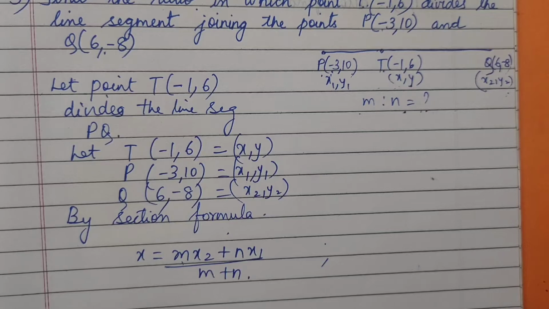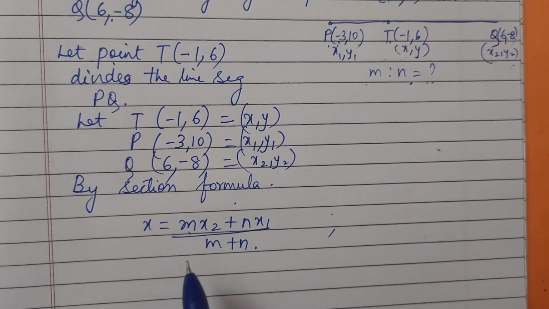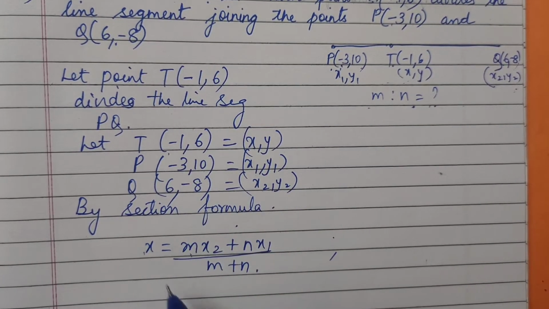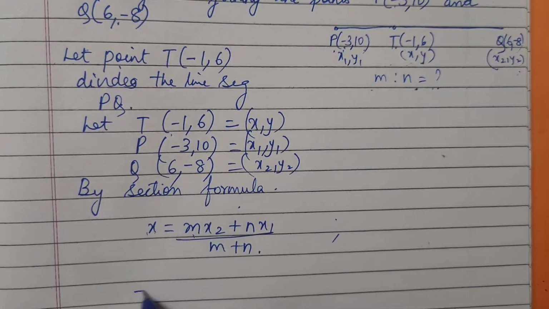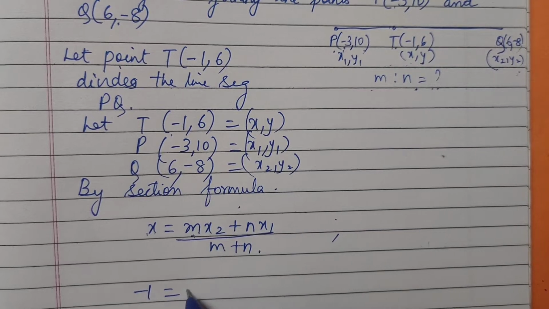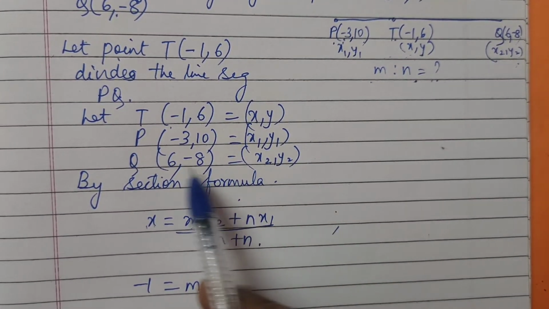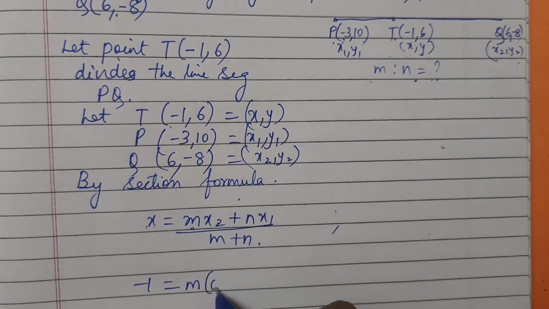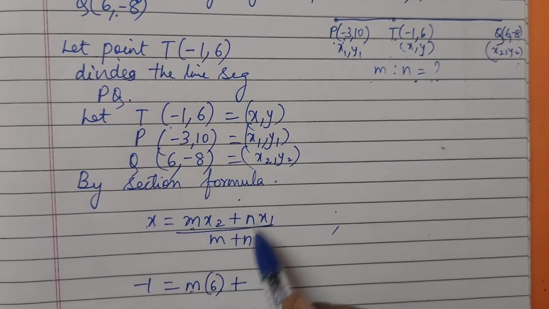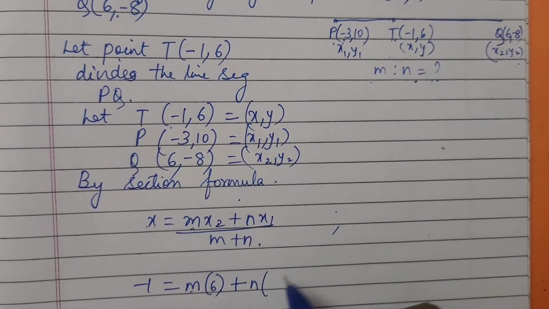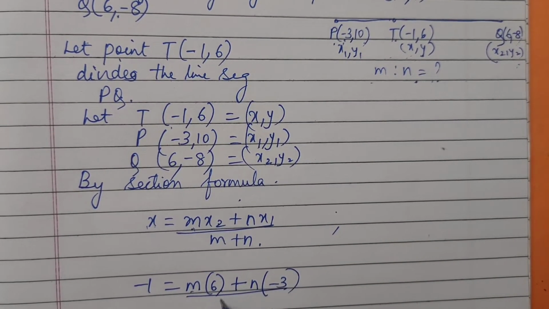Let's start with this one. Here x is minus 1, so in the place of x I write minus 1 equal to m, which I don't know, so I'm putting m, times x2. What is my x2 here? 6. So m into 6 plus n, which I don't know, times x1, that is minus 3, upon m plus n.